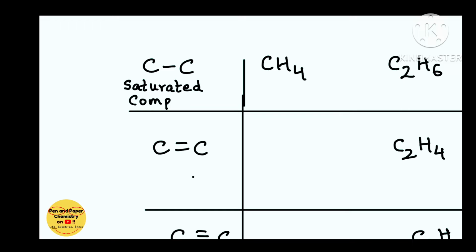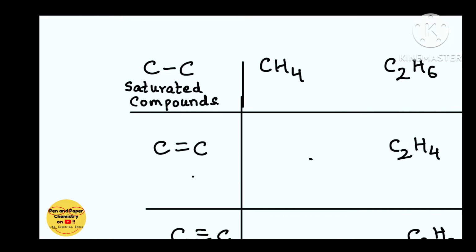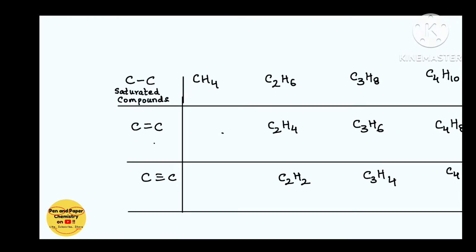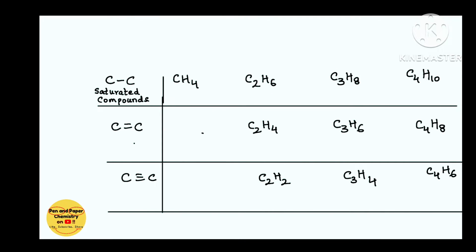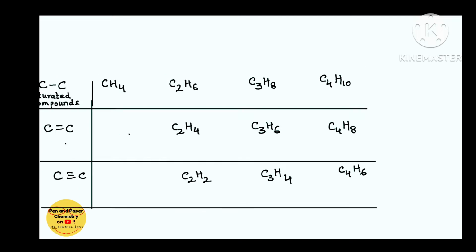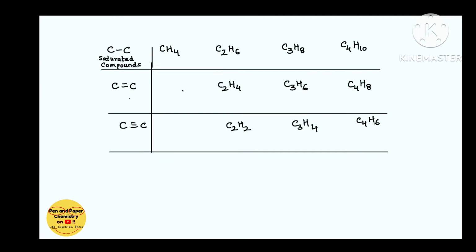When there is only a single bond between the carbon atoms, that set of organic compounds is known as saturated. Now, in that series, the first compound is CH4, then C2H6, C3H8, C4H10, and so on. And you know how to go on to the next compound in the series. Do you or you don't?